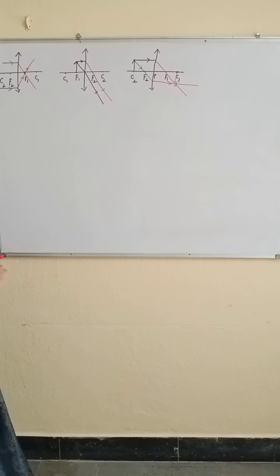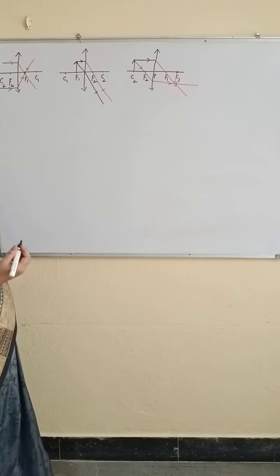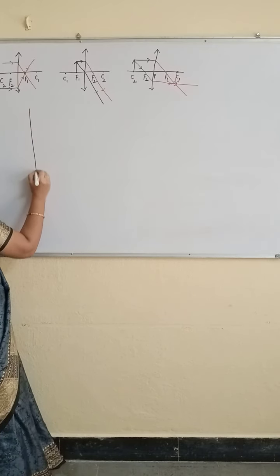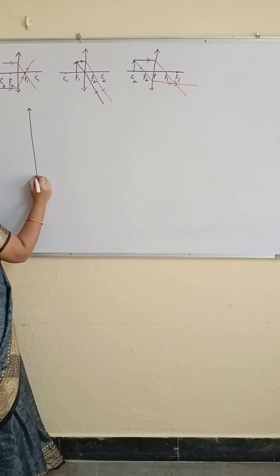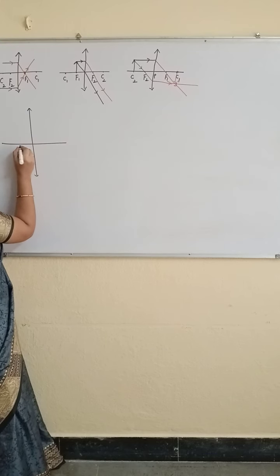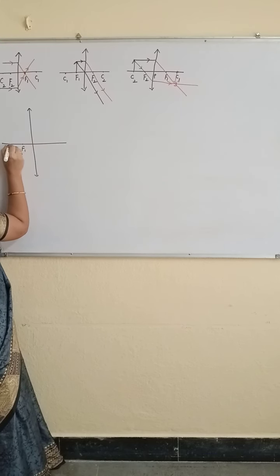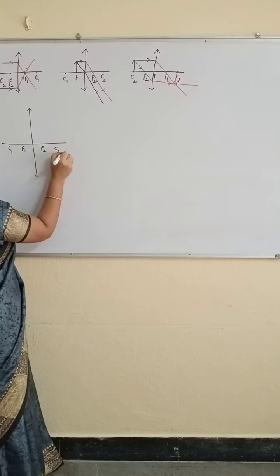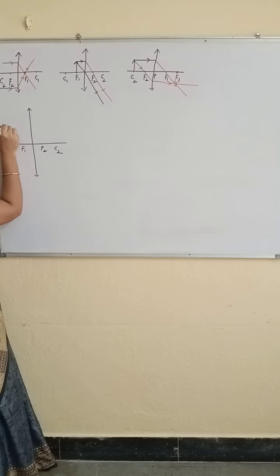Now the object is beyond the center of curvature. F1, C1, F2, C2. Same light rays we will take.